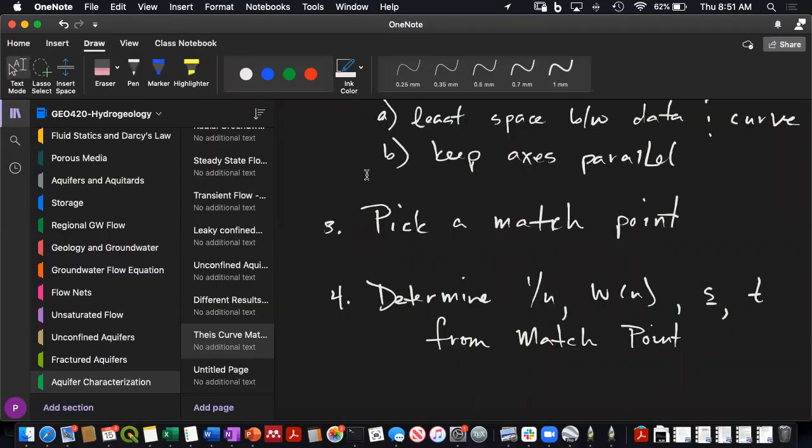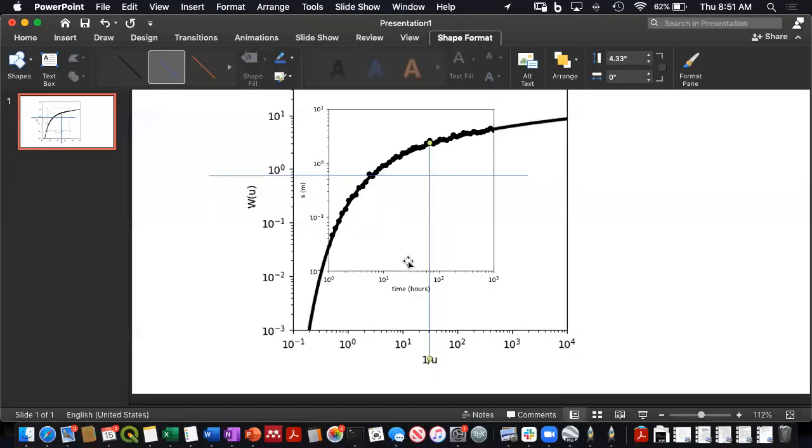So as an example here, WU is 0.8. One over U, so this is 10 to the 1 is 10.